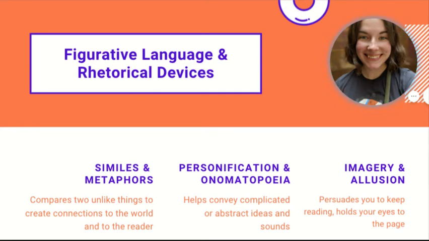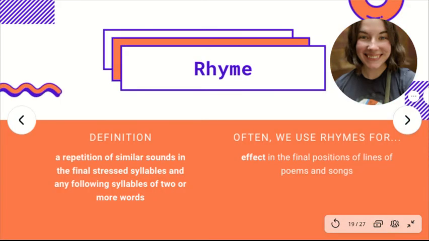And as far as rhetorical devices go, things like imagery and allusion are ways that can persuade you to keep reading. It literally holds your eyes to the page. You can't look away. You're wanting to read more because you are very, very invested in the words on the page. We can go over that more in detail later, but this is just the basics.